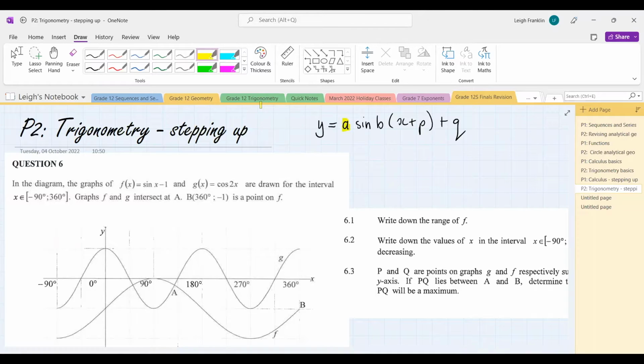What do they mean when they've changed a? Amplitude, exactly. Right, so they've changed the amplitude of the graph. What does amplitude do to a trig graph?